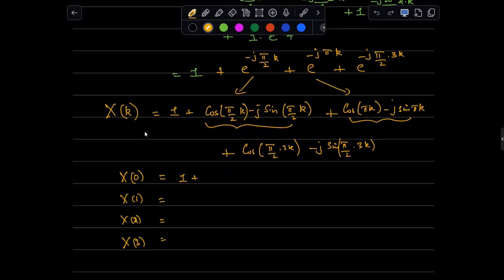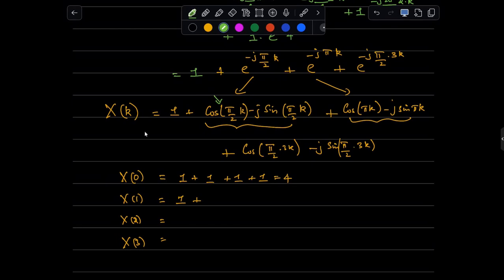Cosine of 0 will become 1, then sine of 0 will be 0, cosine of 0 again will be 1, so plus 1. This is what I am going to get. It is 4. Next is 1 plus cosine. If I put k equal to 1, it will become cosine of pi by 2.